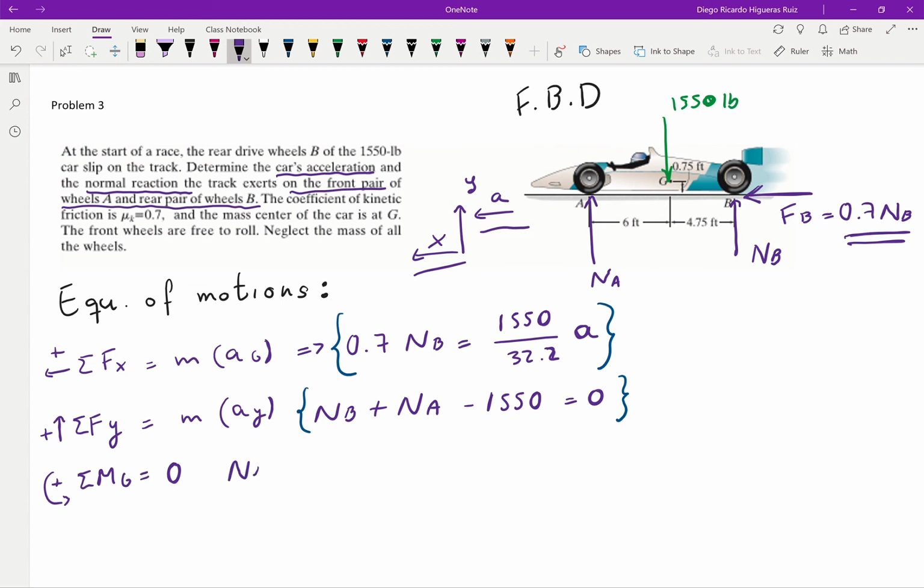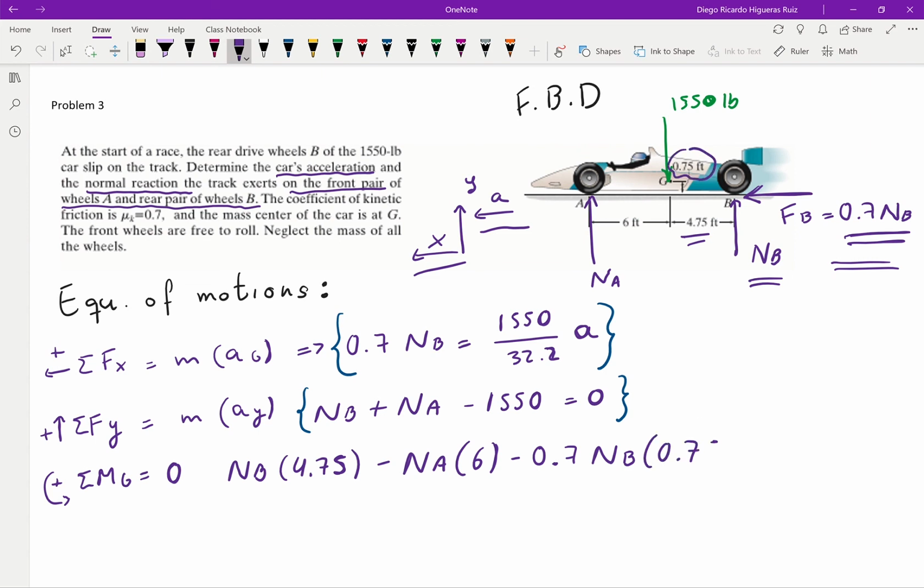That's NB, which is gonna be positive, multiplied by 4.75, minus NA multiplied by 6. Also, we need to add the moment produced by the traction force, and that's gonna be minus 0.7 times NB, correct, times this distance right here, that is 0.75 feet.